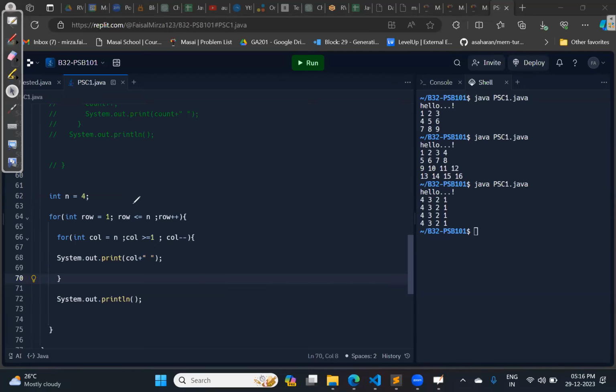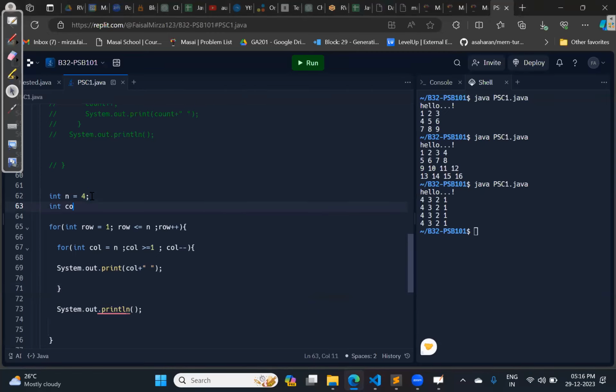For example, I'm defining one variable, count equals to n. Now over here, first we will print that count.